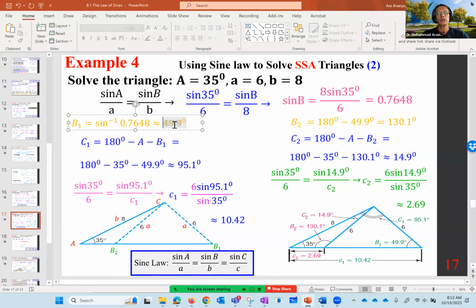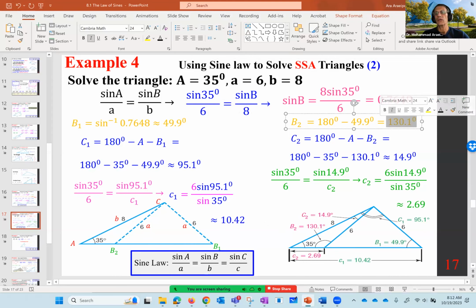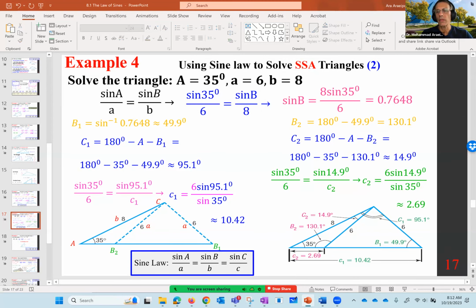In essence, this angle and this angle are supplementary. They add up to 180, and that's what happens to this angle. B1 and B2 are supplementary.